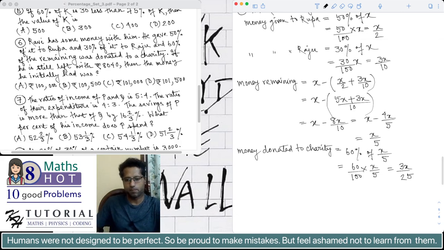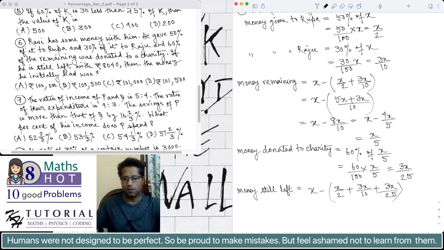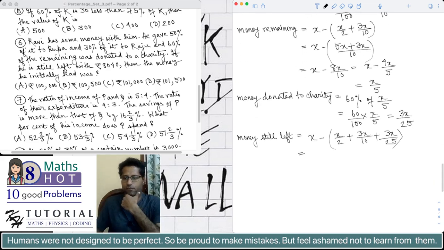So finally, the money still left will be equal to x minus (x by 2 plus 3x by 10 plus 3x by 25). This is equal to, we have to simplify this.